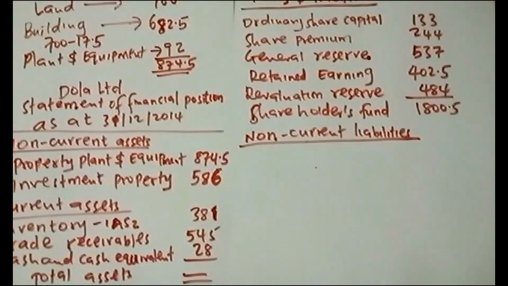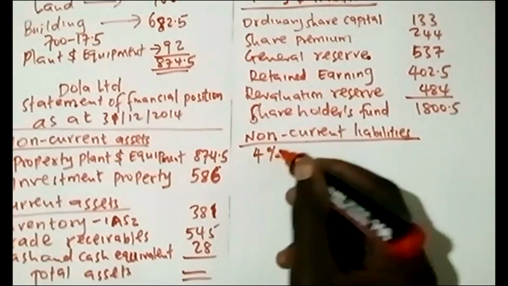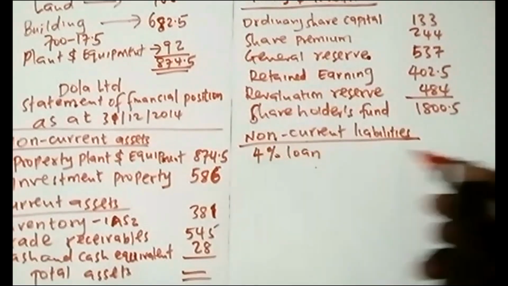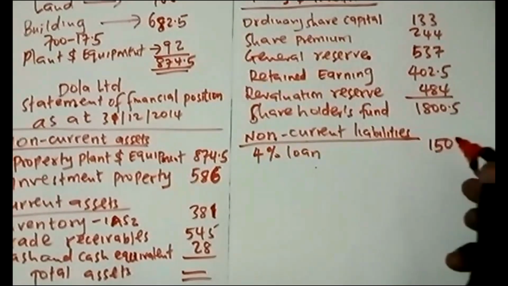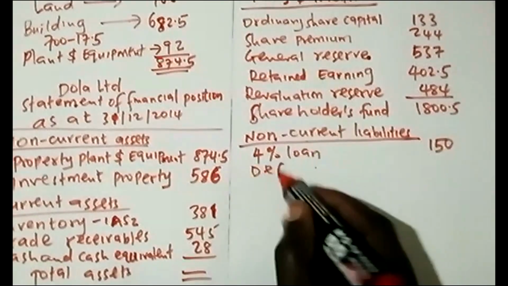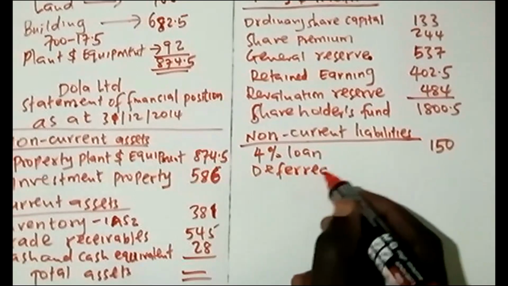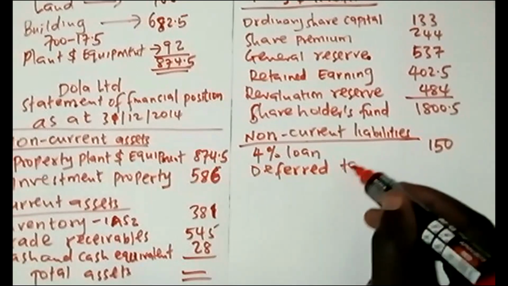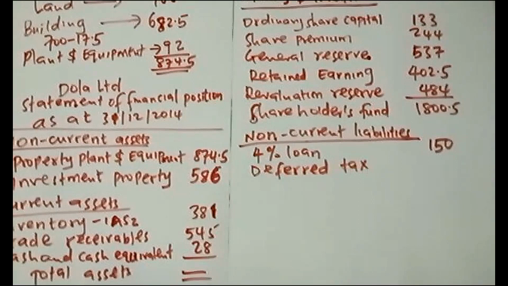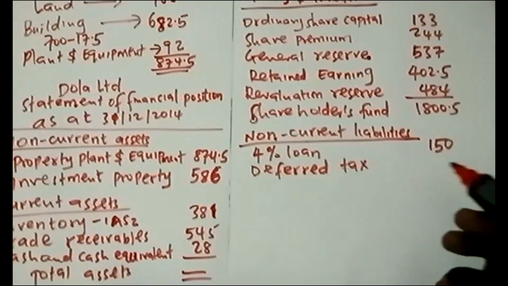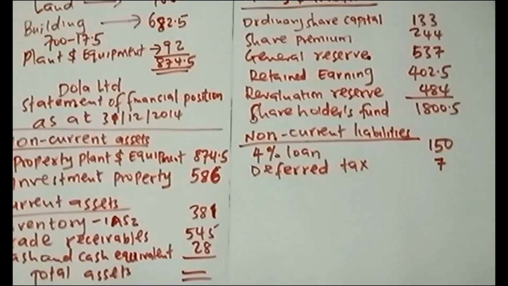Remember, any obligation settled in a period exceeding 12 months is a long-term obligation. So the 4% loan was 150. Never forget deferred tax, additional information number 2. Deferred tax is the provision for future tax obligations, the provision of 7.